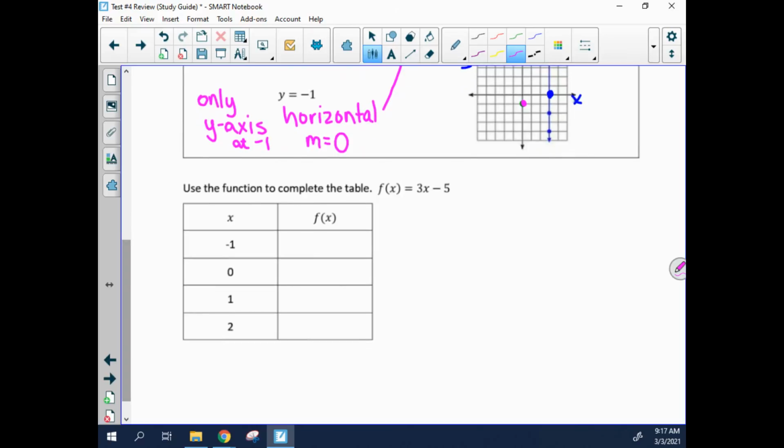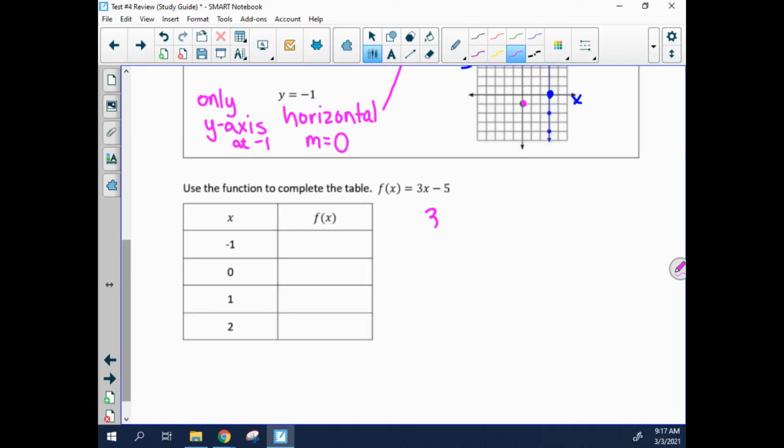Okay, the next problem says use the function to complete the table. We have our function f of x equals 3x minus 5. And so what we're going to do is substitute in whatever the x value is into the function.